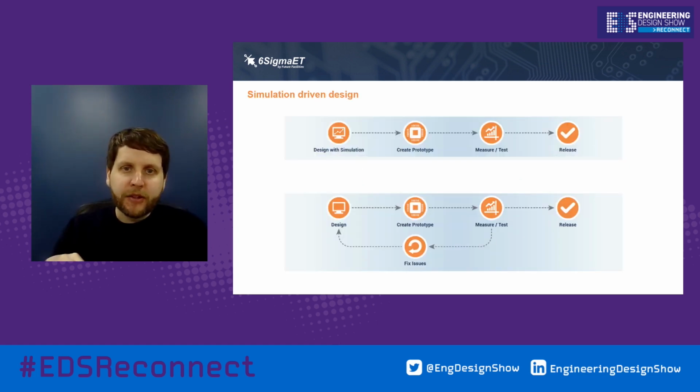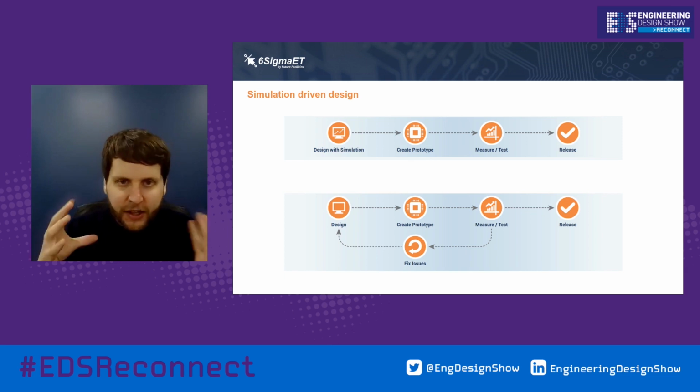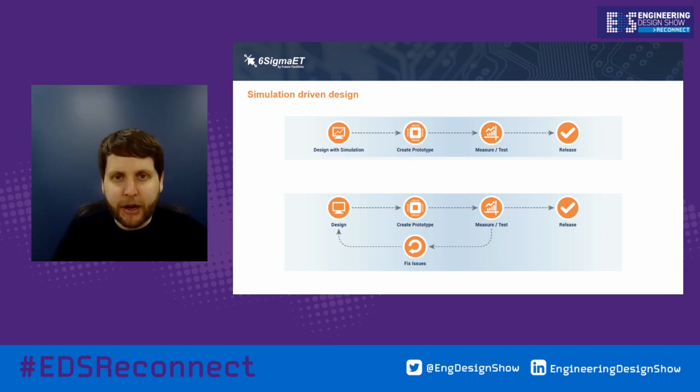So what we're proposing is that before simulation, or for people that don't use simulation, they have to make designs based on sort of best practices, and then they go and create a prototype, and then put it in an environment chamber, measure and test that design. And if it overheats, you've got to go back around and fix the issues and then redo your design, which can be quite costly.